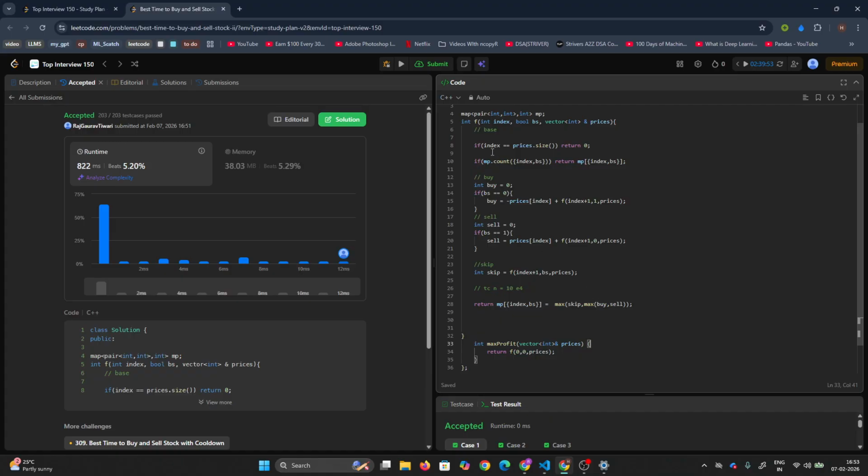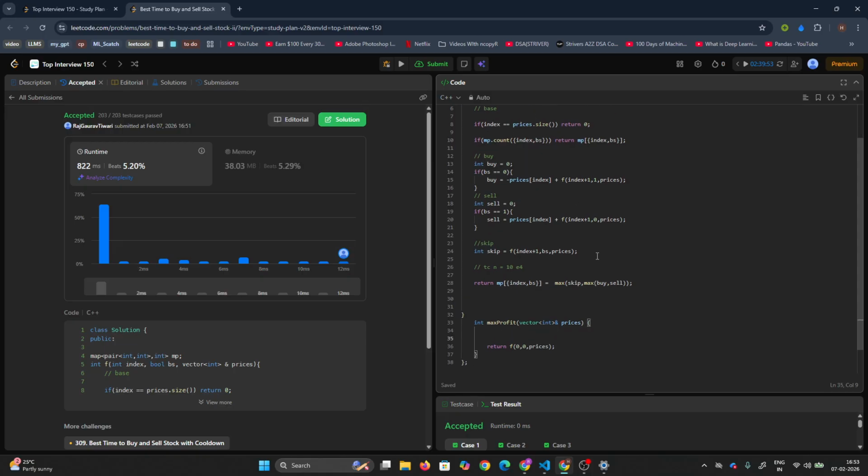So first we need to initialize our DP table. So vector of vector int dp. This is how you initialize a 2D array in C++. N plus 1 comma 0. Why n plus 1?